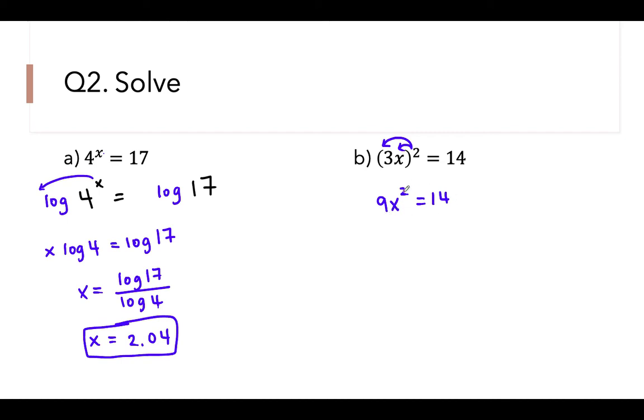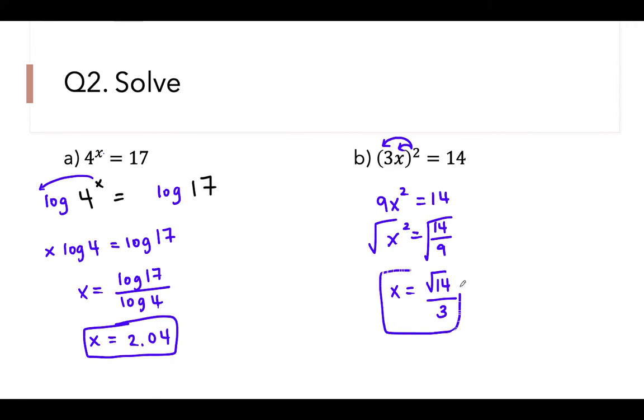This is because I don't have a variable in the exponent. So you could just square root. So x squared equals 14 over 9. Okay, I isolate for x, and then square root both sides. So x is equal to square root of 14 over 3. And that will be my final answer.